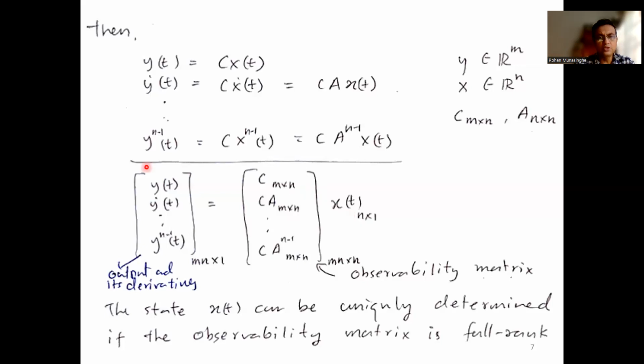But what we have is this one, y dot, and all successive derivatives. So you have successive derivatives of y, your measurement, and also this matrix in between, which is inverted here, and you pre-multiply yt with that matrix, which is the inverse of this one. The result is xt. All of the state variables are there.